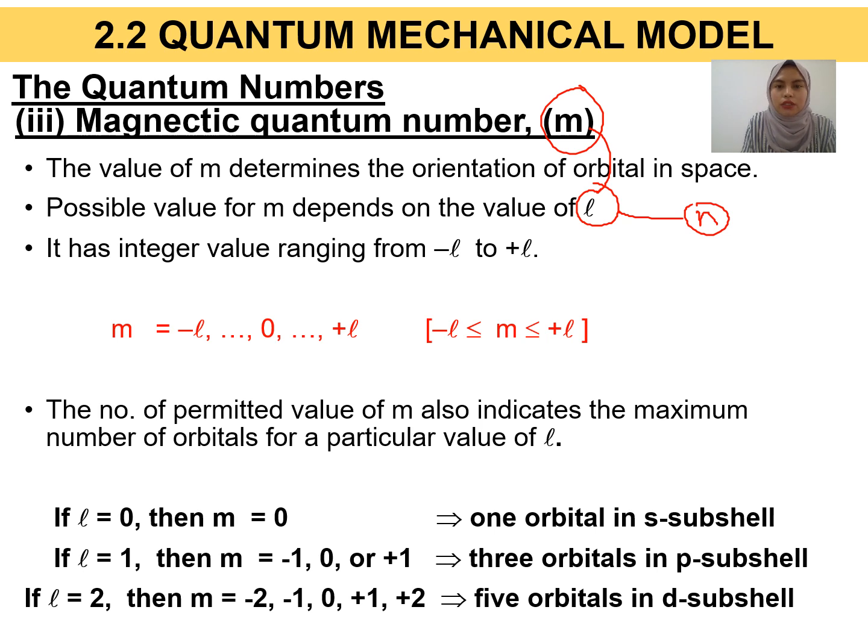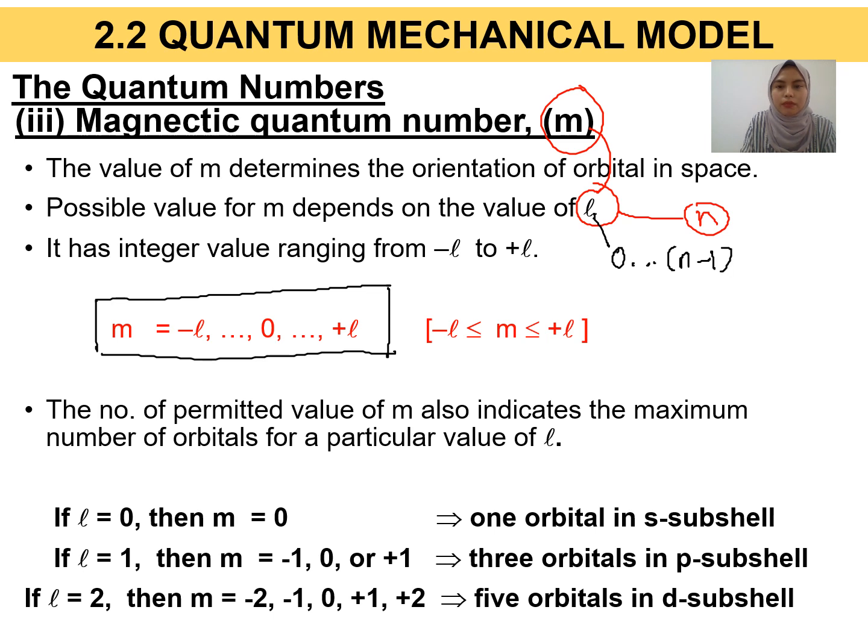Basically, the integer values of m range from negative L to positive L. L's possible integer values were from 0 to n minus 1, whereas m is from negative L until positive L.